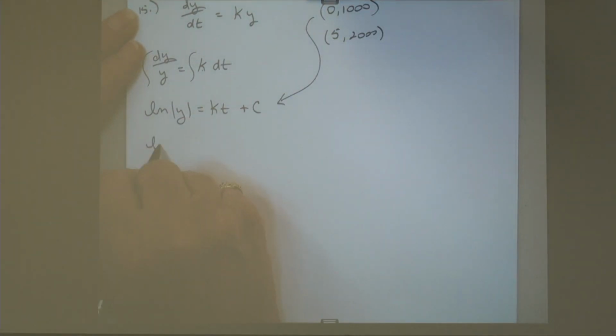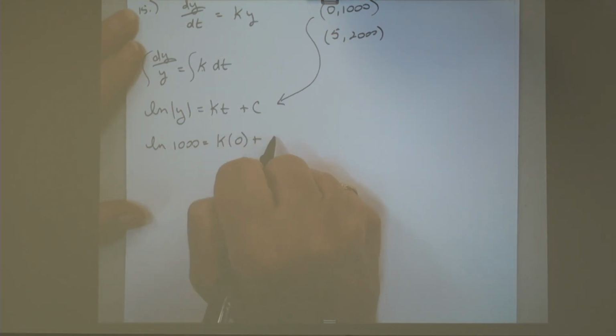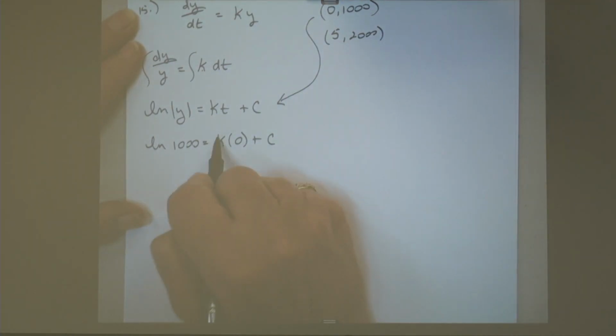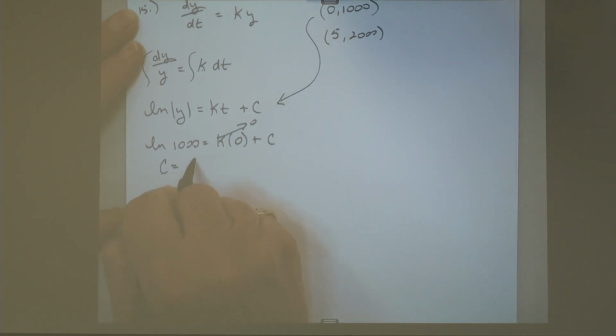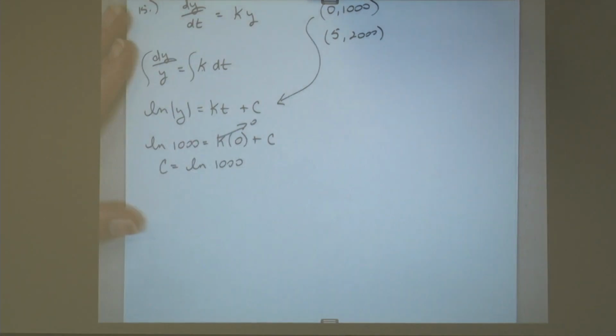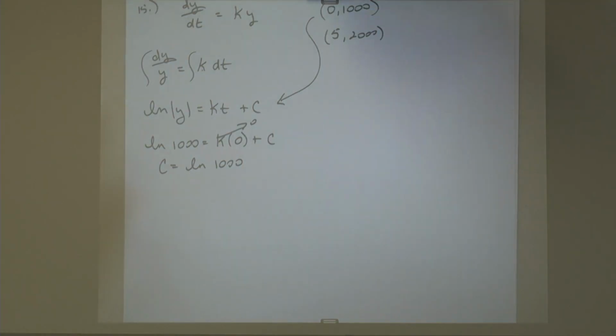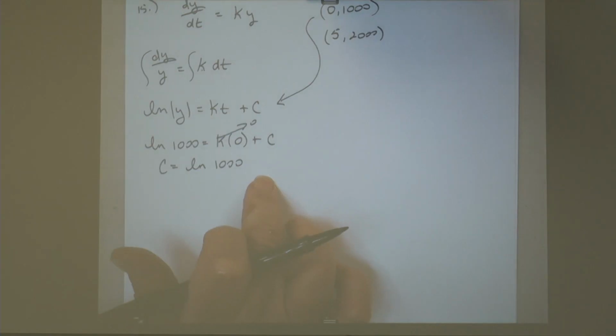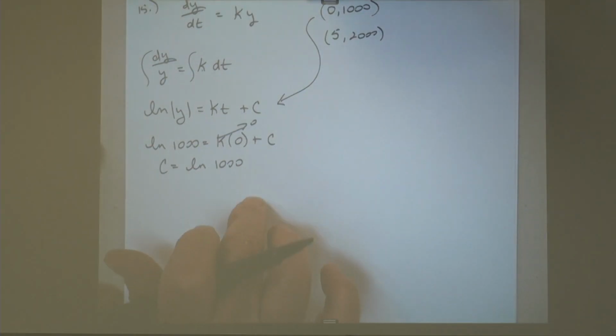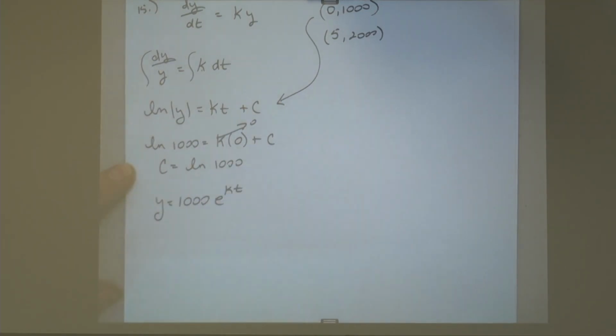So we know ln 1,000 is k times 0 plus c. c equals ln 1,000. And again, when you go back to e to the kt plus c is y, you have e to the kt, e to the ln 1,000. Your variable is 1,000, the value of c. So y equals 1,000 e to the kt, PERT.